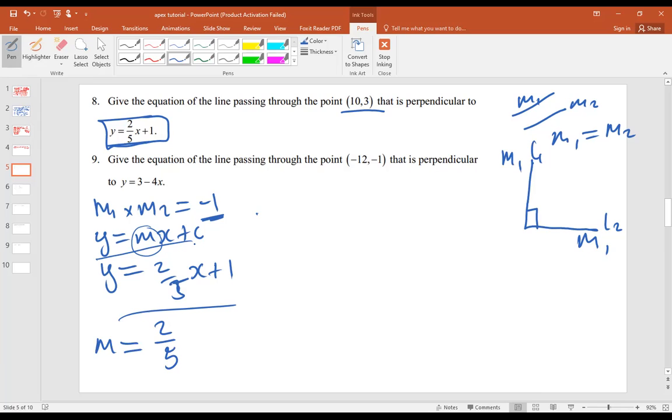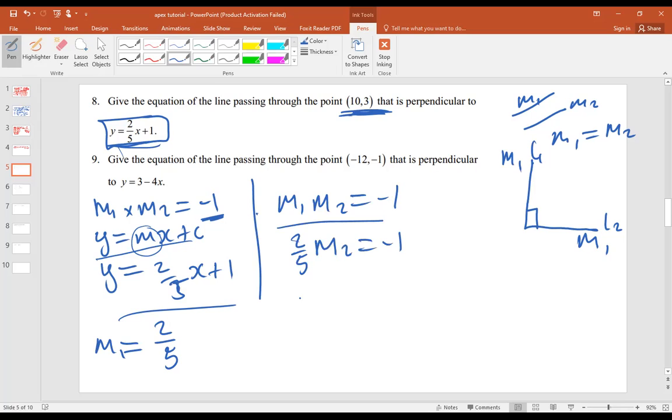Remember we said if two lines are perpendicular, m1 times m2 should give us -1. So if this is my m1, to find my m2, I'll put 2/5 times m2 is equal to -1. When you cross multiply, we get -5/2 as the second gradient.